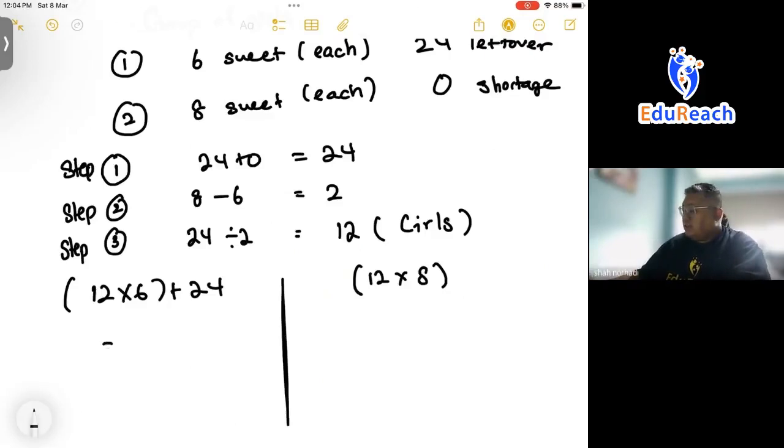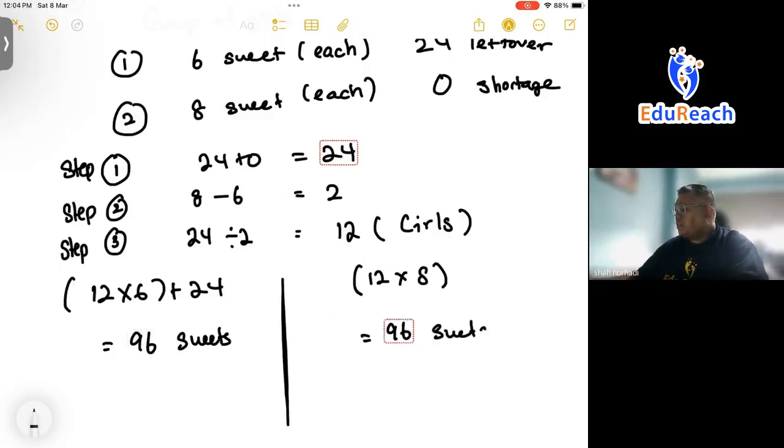Answer equals 96 sweets. So 12 times 8 will also give you 96. So you can do either or. You can choose story 1 or story 2.